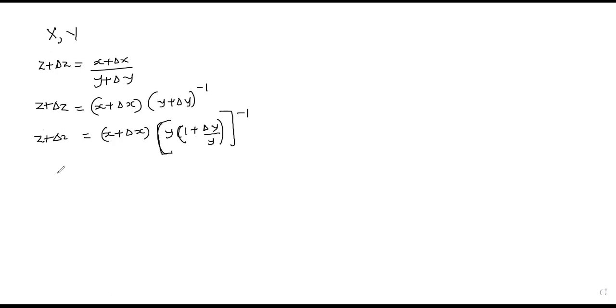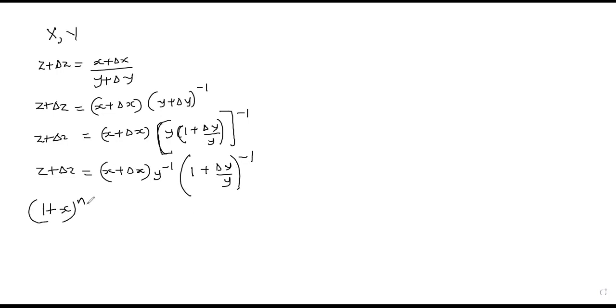So this is the same as z plus delta z equals x plus delta x, then y to the power -1, then into 1 plus delta y over y to the power -1. So we shall use the expansion of the series, where we know that 1 plus x to the power n by binomial theorem is equal to 1 plus nx plus n into n minus 1 x squared over 2 factorial and other terms.